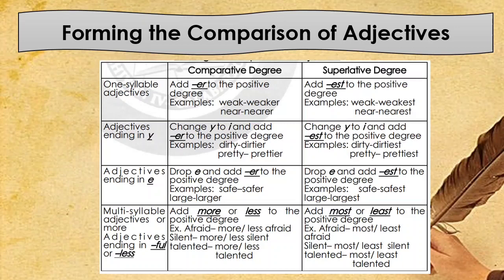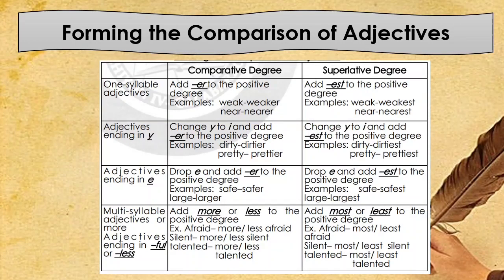Now, for adjectives ending in y, for a comparative degree, change y to i and add the suffix er to the positive degree. Example, dirty, it will become dirtier. Pretty, it will become prettier.